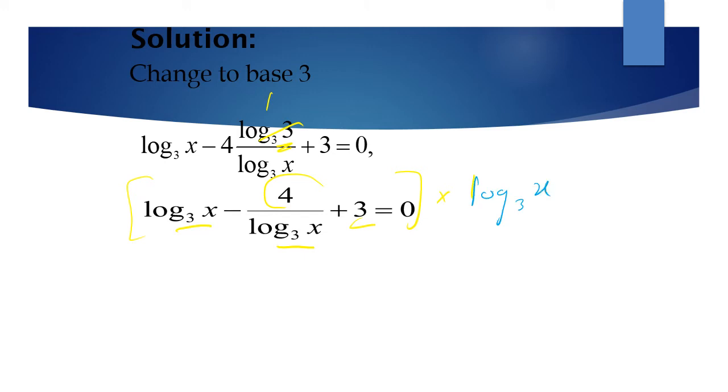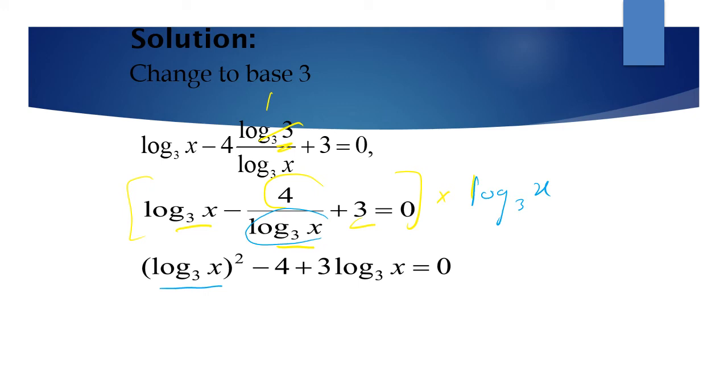So the first term will be log base 3 of x squared, with the square outside of the log, so we put the bracket here, not on the x. And then minus 4. We don't have the denominator anymore. Plus 3 of log base 3 of x equal to 0.